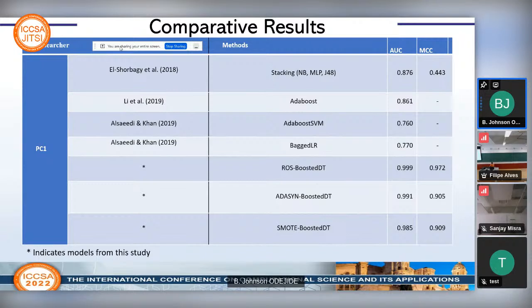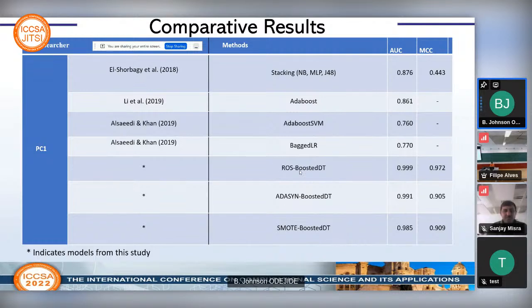And the result there shows the AUC was 0.876 and the MCC 0.443. Lee et al. in 2019, on this PC1 dataset, used AdaBoost. Al-Sahidi and Khan used AdaBoost SVM, and this was the result. So the asterisk ones indicate the models from this study.